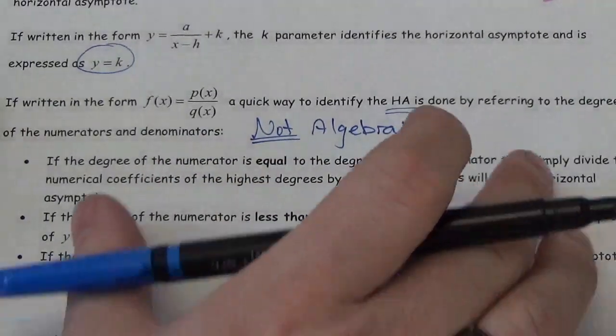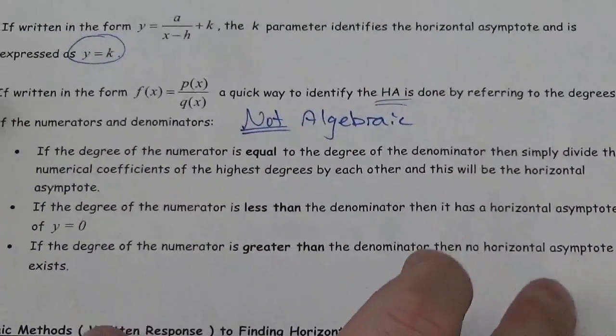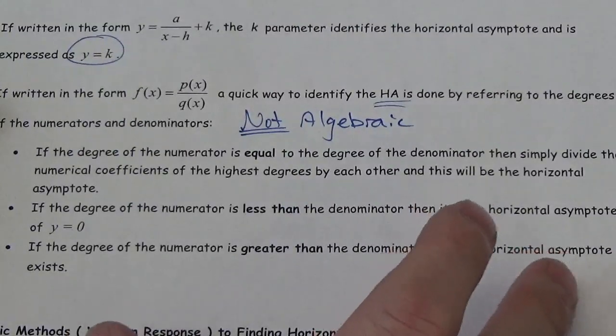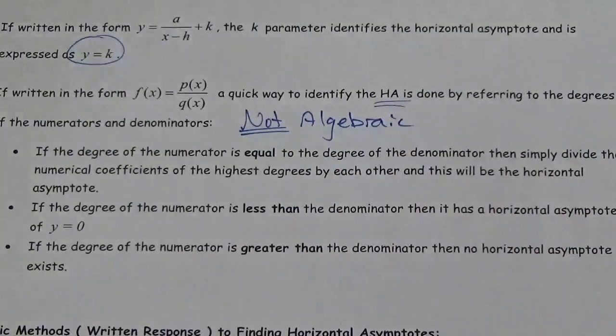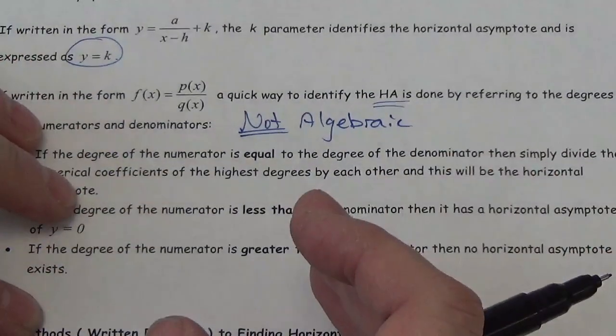We are borrowing this rule from a calculus class. It does not naturally pop out of the material that we've covered in this course. We're reaching forward and pulling this back.